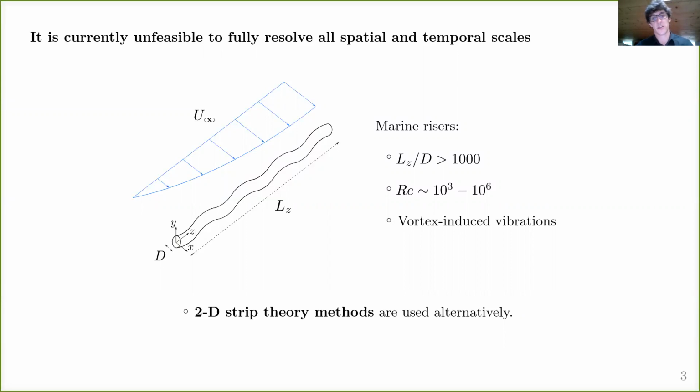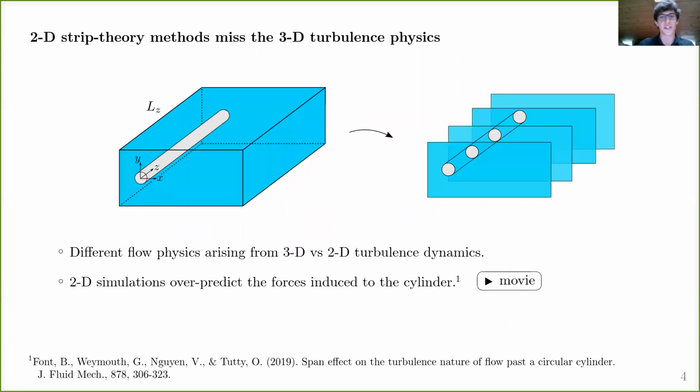So instead of doing these fully resolved three-dimensional simulations, some authors have been applying strip theory methods, which is basically a way to reduce the dimensionality of the problem from the original 3D domain down to multiple 2D planes. Here's a sketch of how this would look. With this, the computational cost of the simulation is greatly simplified.